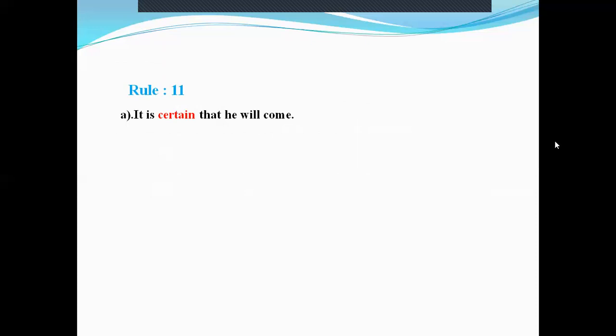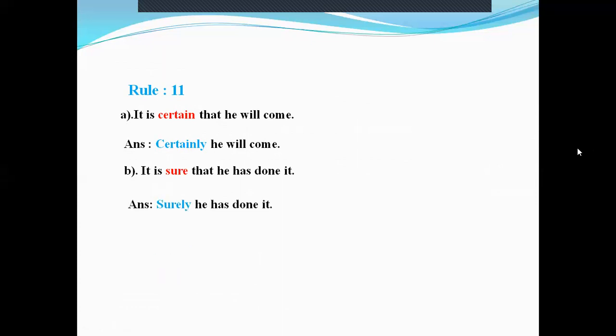So the answer will be: Certainly he will come. Omit "it", "is", and "that". Number B, it is sure that he has done it. So you use "surely" and omit "it", "is", and "that". The answer is: Surely he has done it.